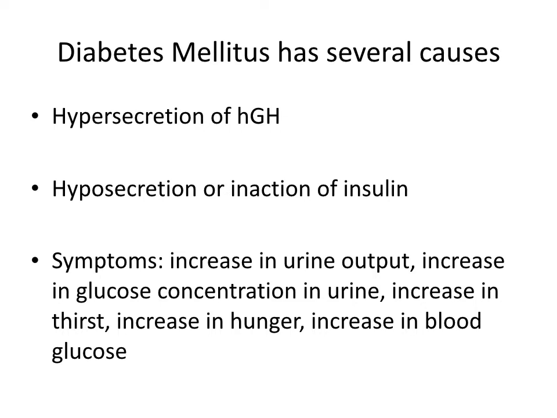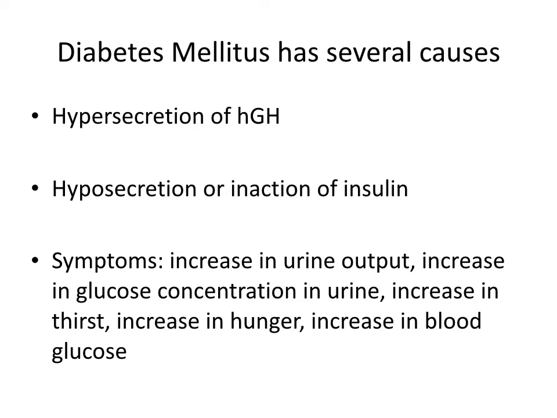Now, there are many different symptoms of diabetes mellitus. For example, there's an increase in urine output, which is going to dehydrate your body very quickly, which is why you also have an increase in thirst. You're going to have higher glucose concentrations in your urine because you're trying to get rid of that overflow of glucose. You're going to have this intense hunger because the cells of your body are basically starving.